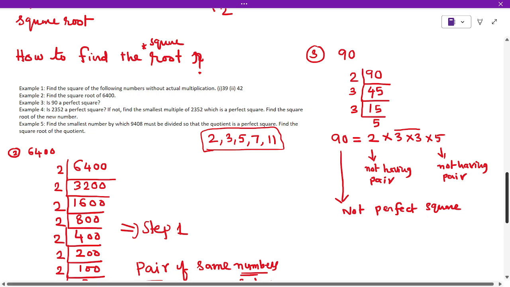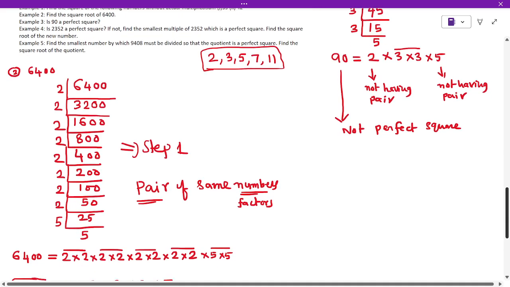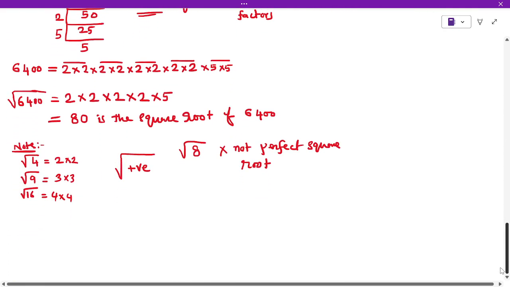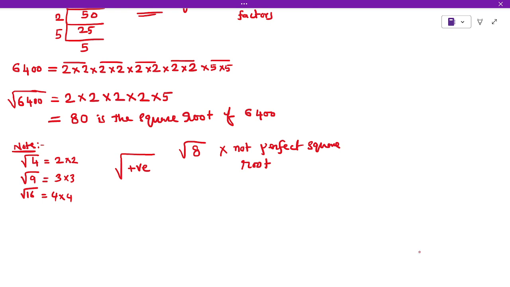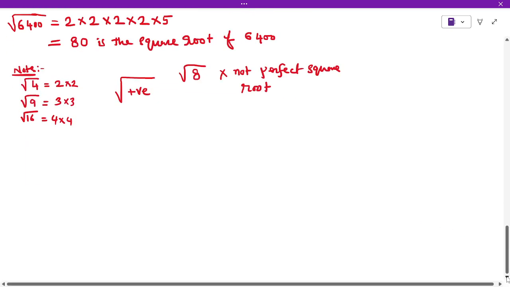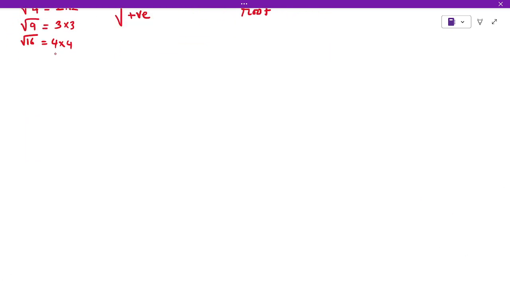Okay, so it is similar to question number 3 only, but in question number 3 we were only checking whether it is a perfect square or not. So what is the number here? 2352. So to find the square root or the perfect square, the first step is to write the number in terms of the prime factors.